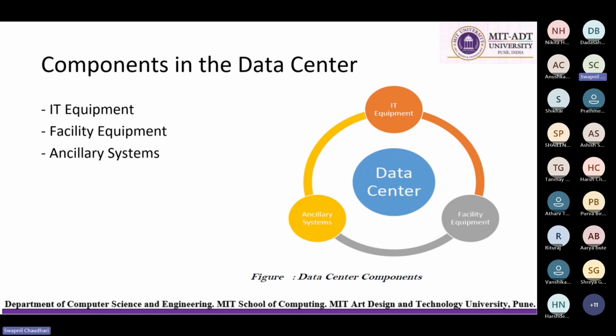If you look at the integrated view diagram, it generally explains this. Now look at the diagram on this slide particularly. In this slide, we will see the data center around the IT equipment, facility equipment, and ancillary systems.